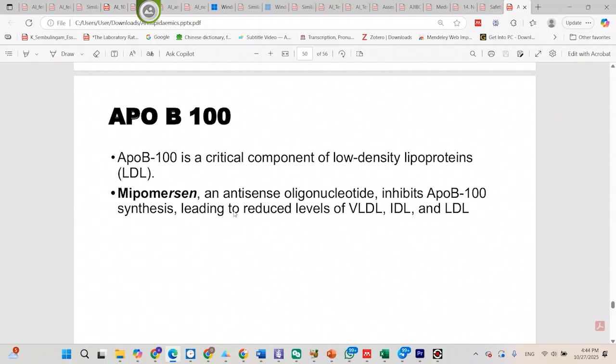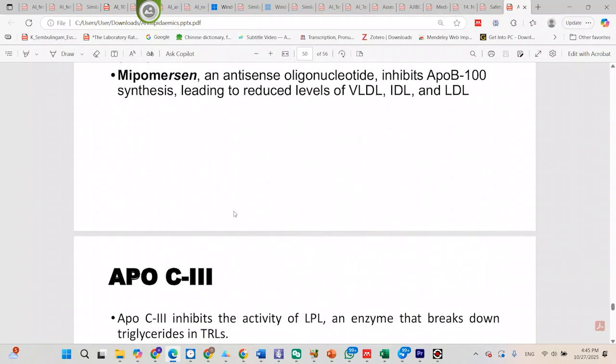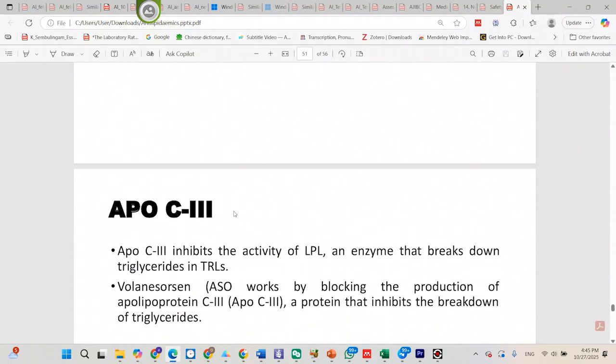It is an antisense oligonucleotide, and what it does is similar to your small interfering RNA. Okay, so it also inhibits the translation of that protein. This is an approved drug too, but it's an antisense oligonucleotide. Please know all these mechanisms. Okay.